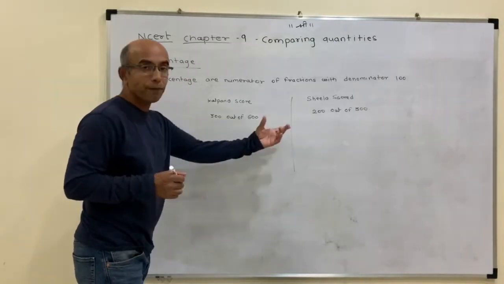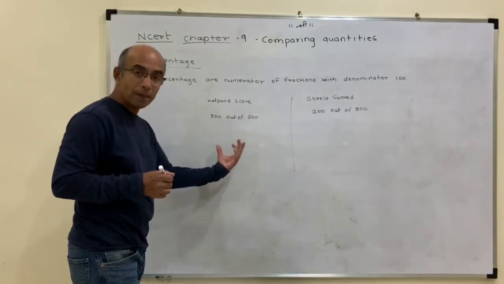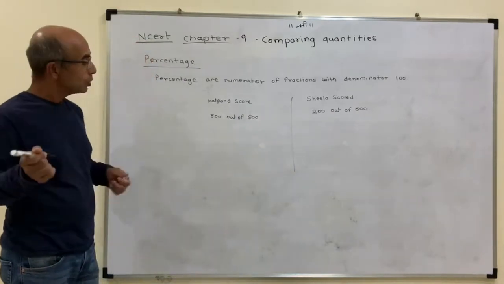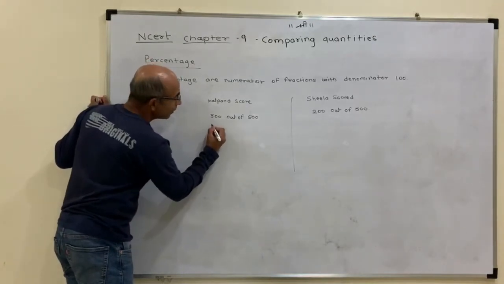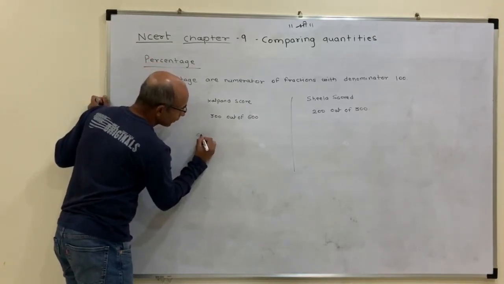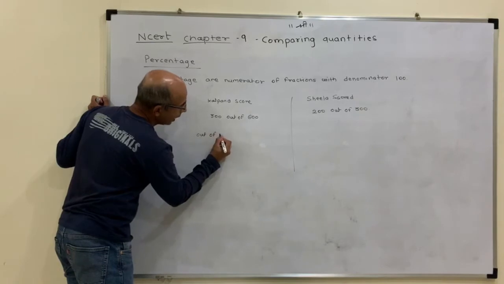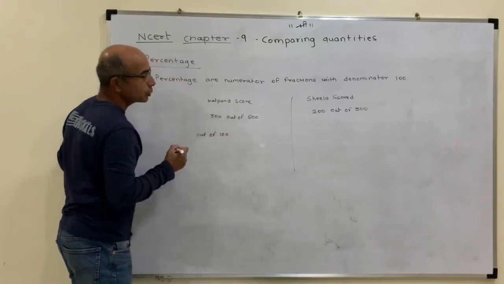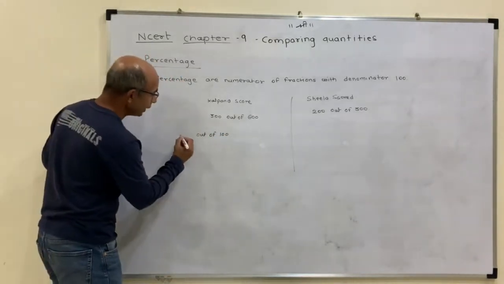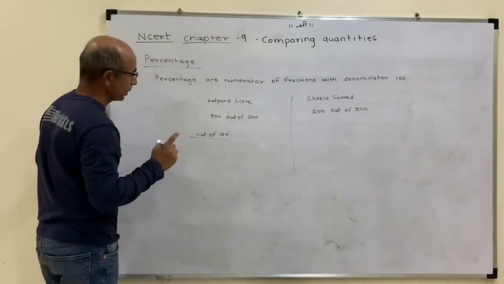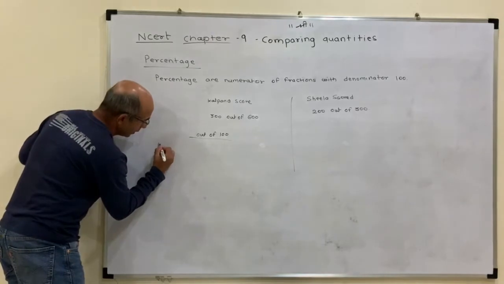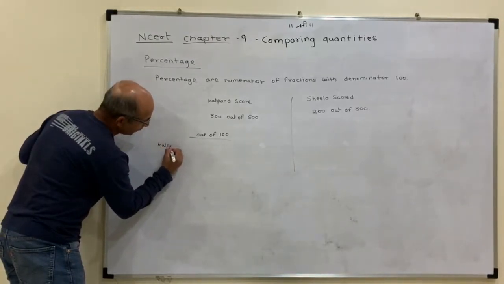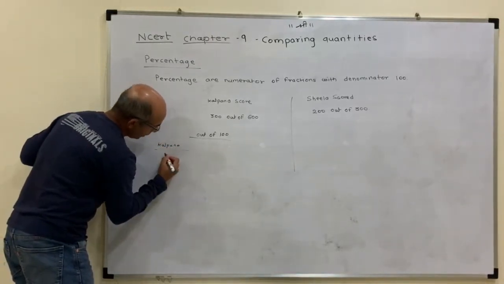So how can we find a common base for them to consider? What we do is find marks out of 100. Out of 100, how much they score, we find out. How do we do it? Using the proportion method. Let me explain with Kalpana's score.